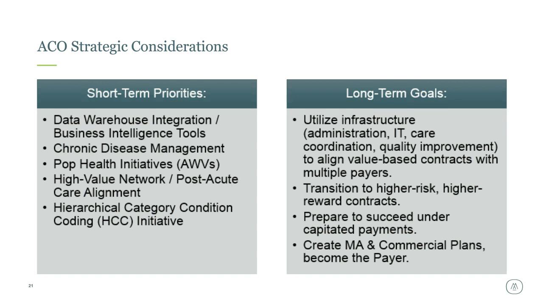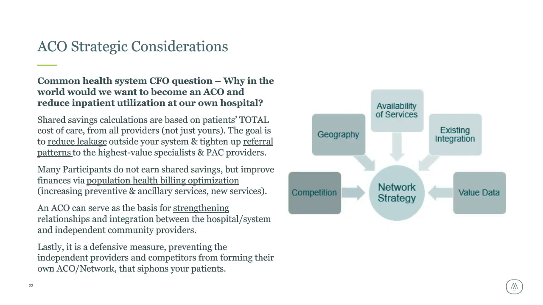The idea on a long-term scale would be to transition to higher risk, higher reward contracts, and really prepare yourself to succeed under capitated payments or whatever mandatory payment models might be coming next from these payers. And in some cases, payers want to use this as a starting point to move toward MA or commercial plans essentially becoming the payer. That's a long-term trend we see in healthcare.